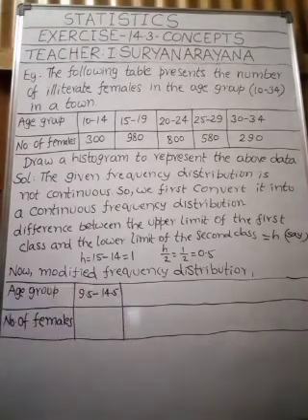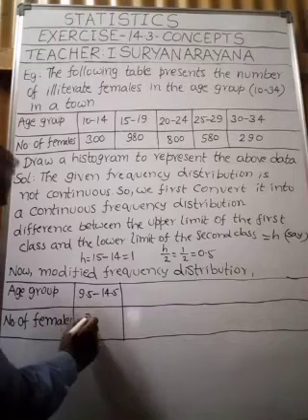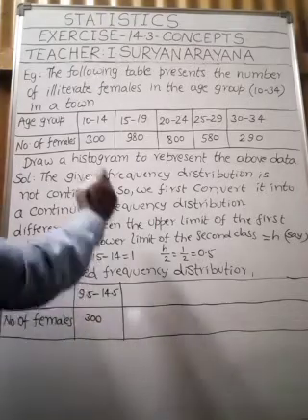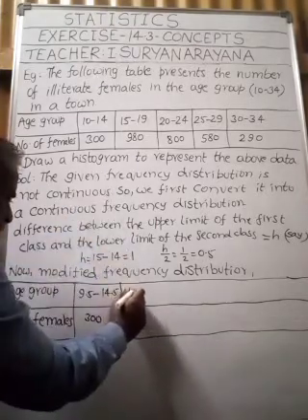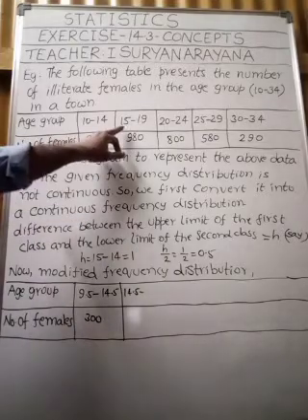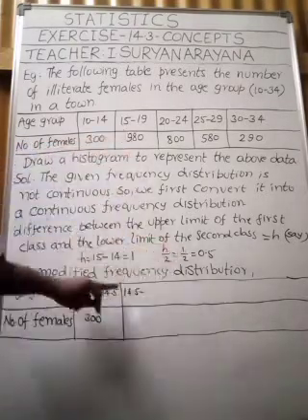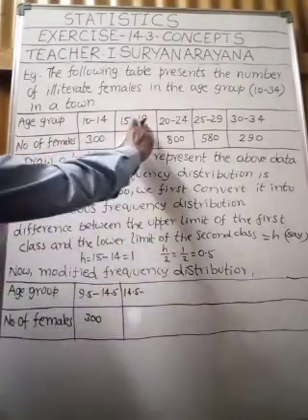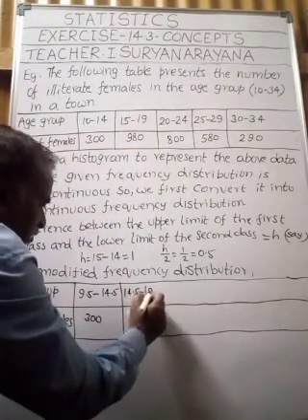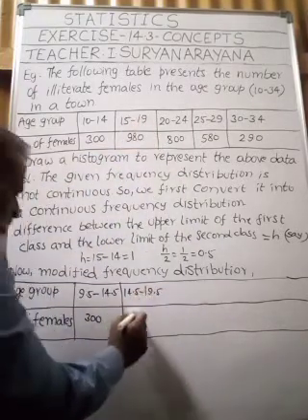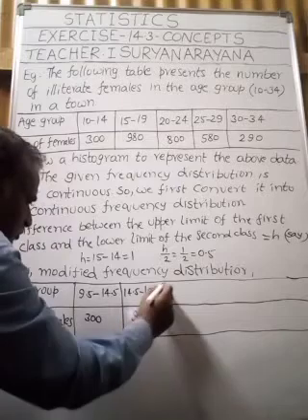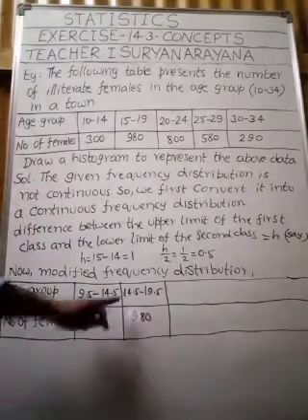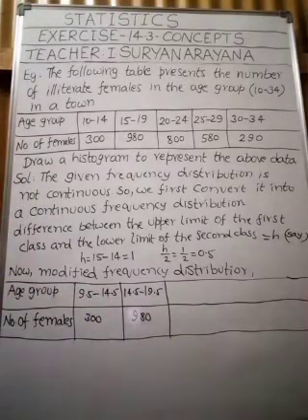Understood this class interval, my children? Right, 300. Next, here 14.5. From this number we have to subtract 0.5. Then we get 14.5. Here we have to add 0.5. Then we get 19.5. Here this is 980. Understood this second class interval, my children?